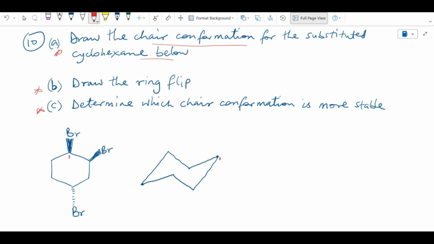So let's say this is my number 1 and this is number 2, number 3, number 4. The goal is to be consistent in your numbering. So if you number clockwise, then you should go clockwise also in the chair that you just drew. So if this is 1, then this should be 2, 3, and 4. So the next thing would then be to assign the substituents.